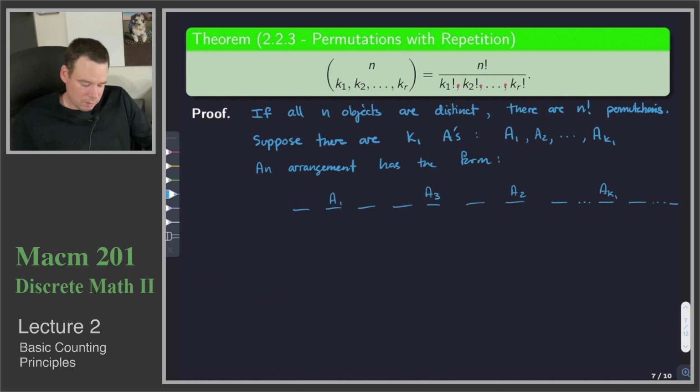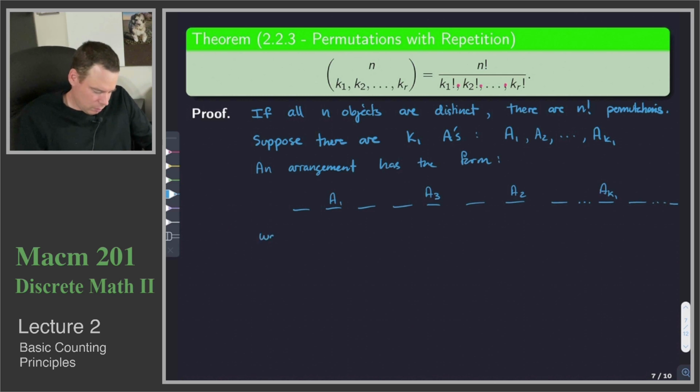But this permutation would get counted differently from arranging the A's in those positions. So switching the A1 and the A3, for example, would give us a different permutation if I'm thinking of the A's as distinct. But it would give us the same arrangement if I'm imagining the A's all to be the same. So how much have I overcounted by?